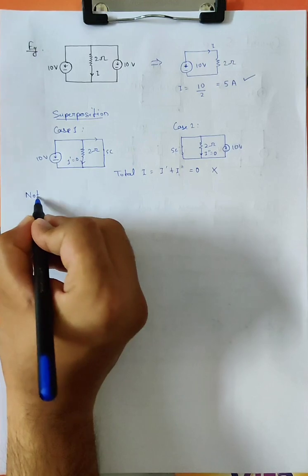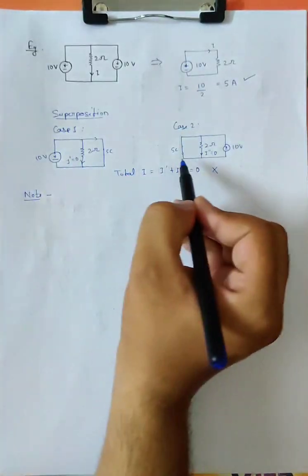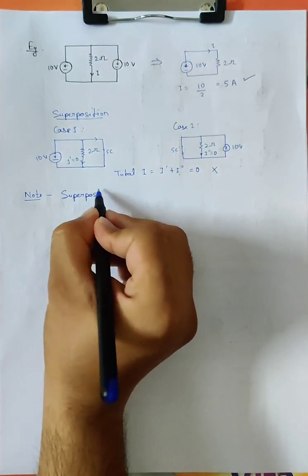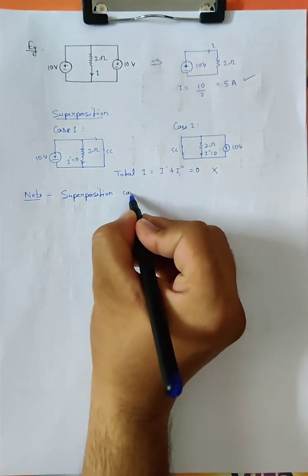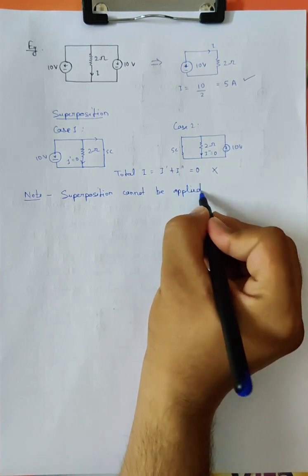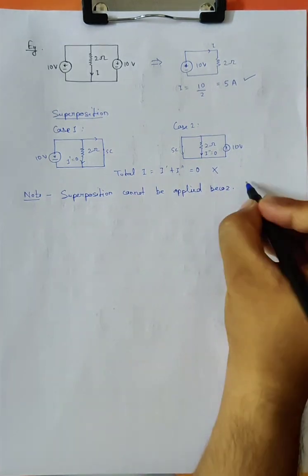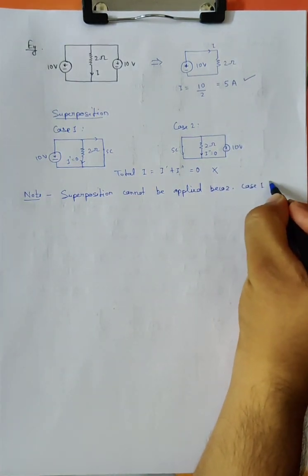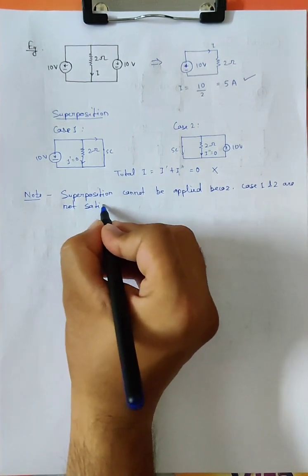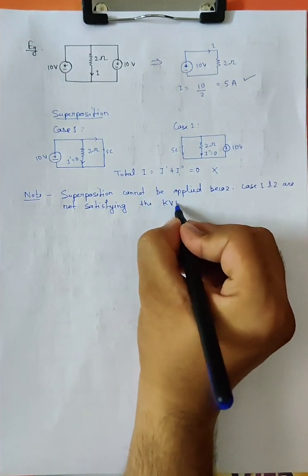We have a note here. For this network, superposition cannot be applied, because cases 1 and 2 are not satisfying the KVL.